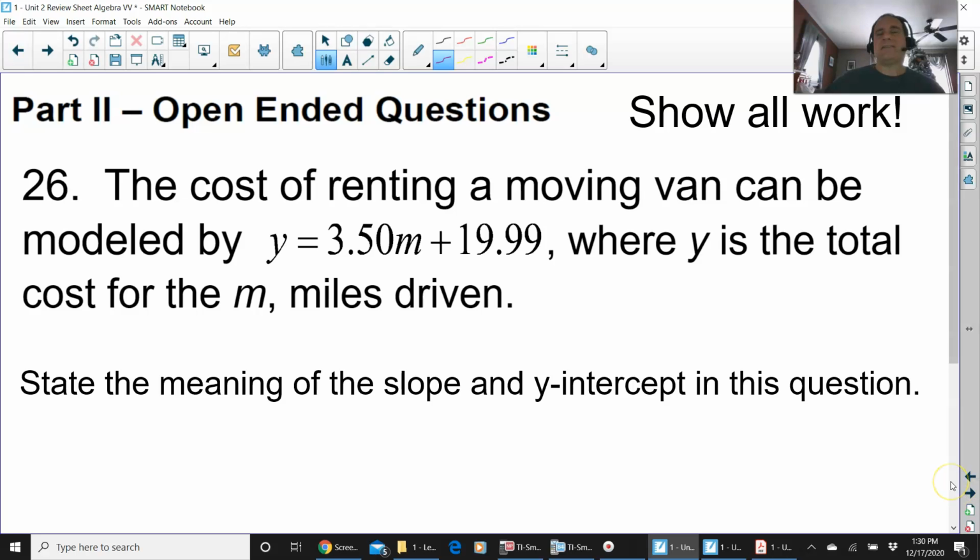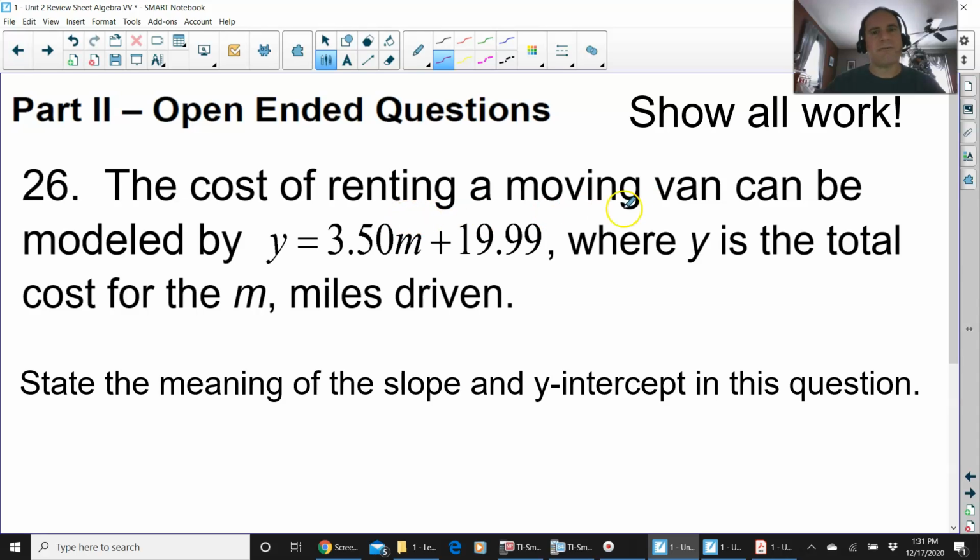And that ends the multiple choice part of the test. Part 2, open-ended. Remember, in this part of the test, you have to show all work.